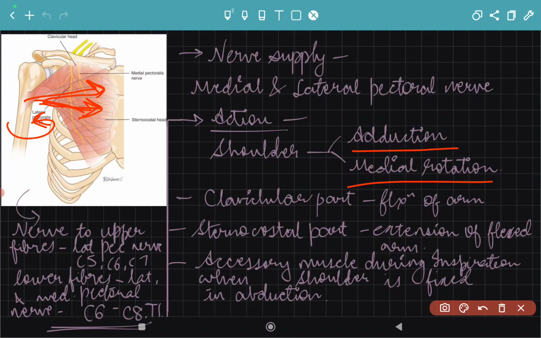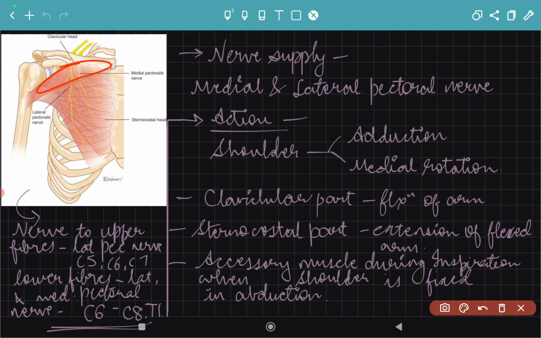Mainly, if we divide according to the heads, the clavicular head will cause shoulder flexion, as its line of action is a bit upwards this way.